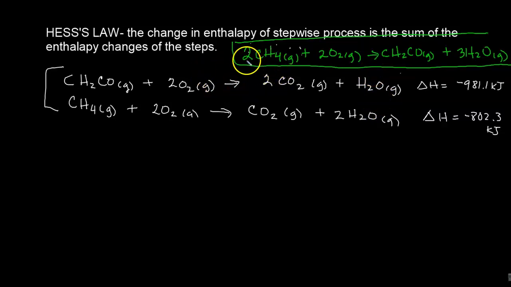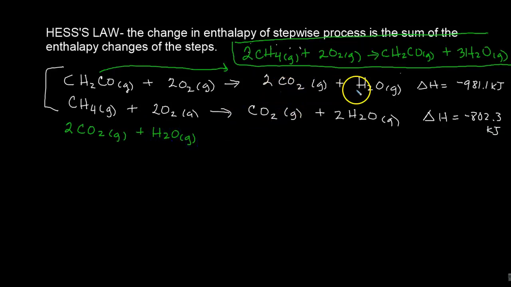I think what I want to do is move this one over to the other side. And if you remember, when I want to move it, that is changing the reactants to the products and the products to the reactants. So it is a flipping of these two equations. So I'm going to come down here below and flip this equation, and see if you can follow what I'm doing.